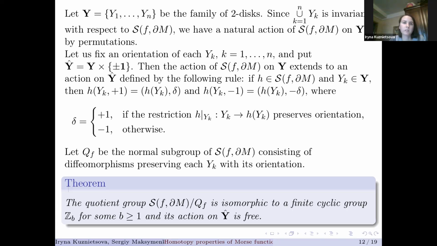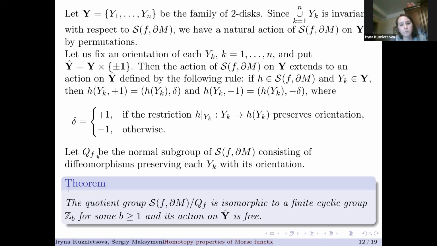Since it's invariant with respect to the stabilizer, we have a natural action of the stabilizer on the set of disks by permutation. Also we can fix an orientation on each disk and denote by Y hat the set of disks with orientation, and then we can extend this action to Y hat.